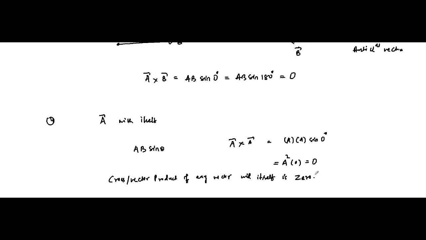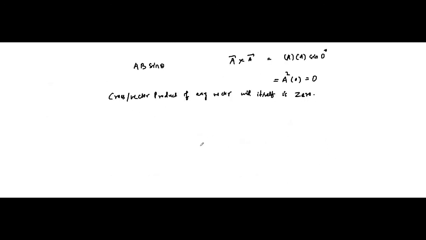Next is the fifth property. The fifth property says that cross product or vector product obeys the distributive law.